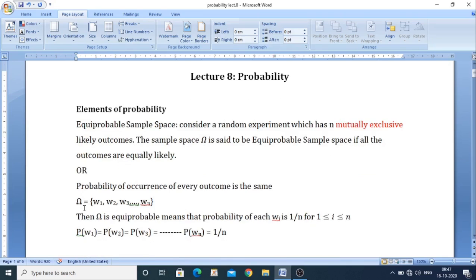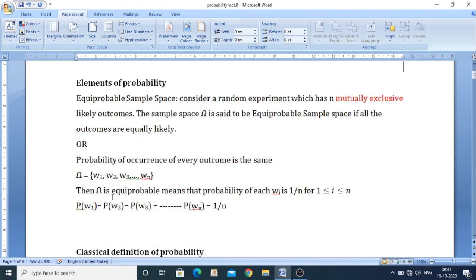Now, if omega contains the elements omega 1, omega 2, omega 3, up to omega n, these are the n outcomes, then omega is equiprobable means that the probability for each omega i is 1/n. Since there are n outcomes, the probability is 1/n. Naturally, this i lies between 1 and n, or it may be equal to 1 or n. So probability of omega 1 is the same as probability of omega 2, the same as probability of omega 3, and the same as probability of omega n, and that is equal to 1/n.